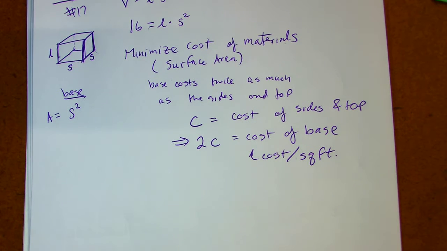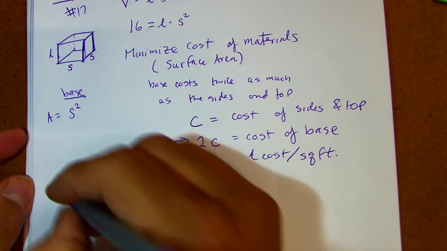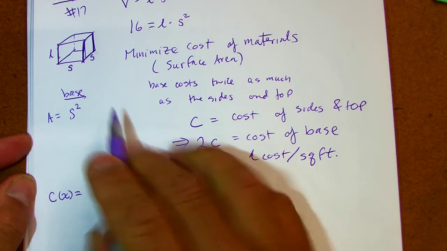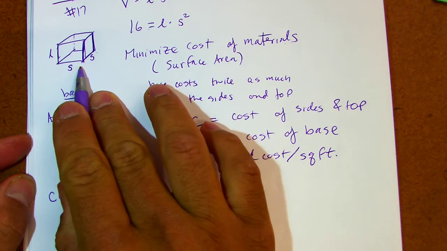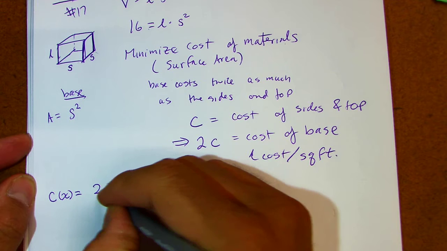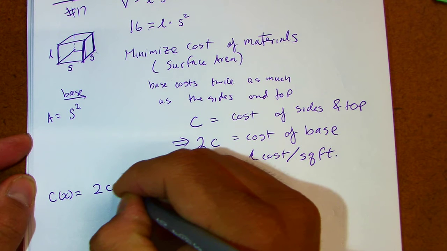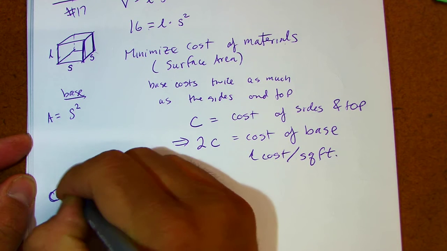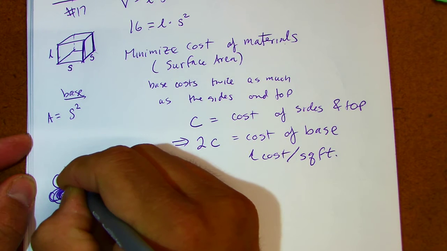So that means if I want to come up with a function here, so for our cost function, the cost to produce the base is going to be 2C, or actually, let me leave off the variable for now.